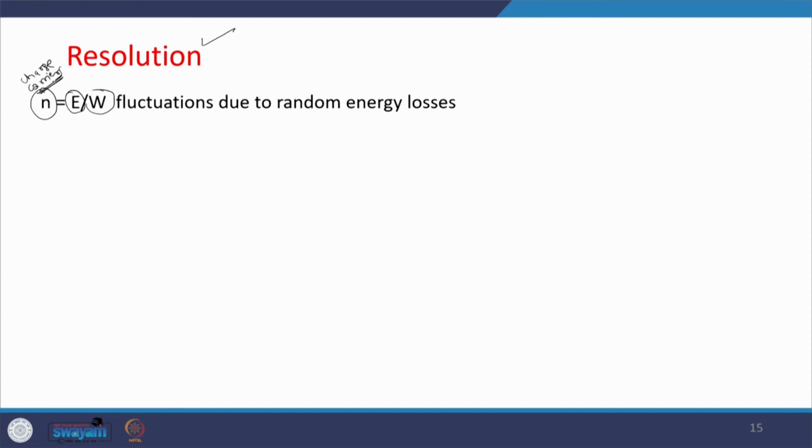Because of random energy losses, though the incident particle has the same energy, because of the difference in energy loss mechanisms there is a randomness in the energy loss that leads to fluctuations in the number of electron hole pairs or electron ion pairs produced. Remember, this number, small n, plays an important role in the measurement of energy, all right.